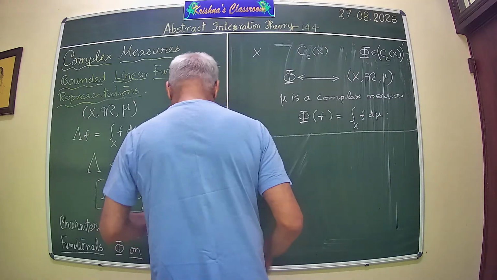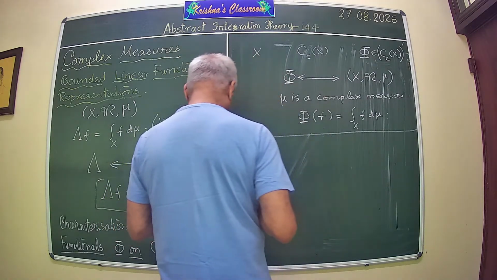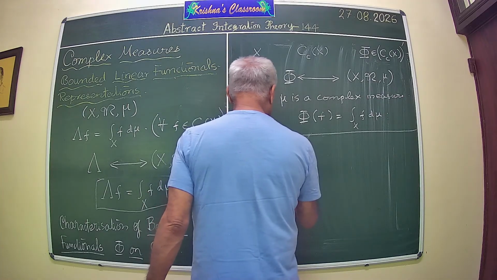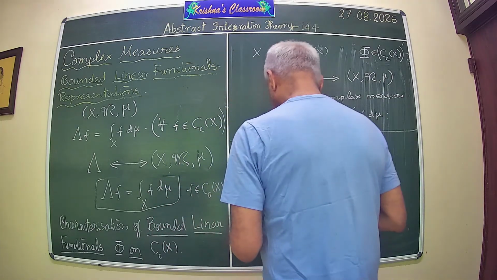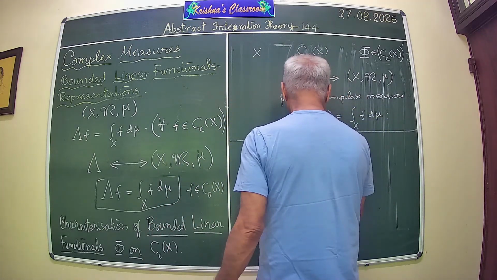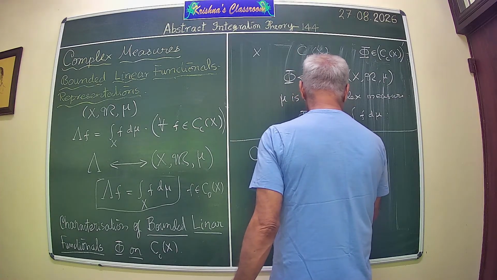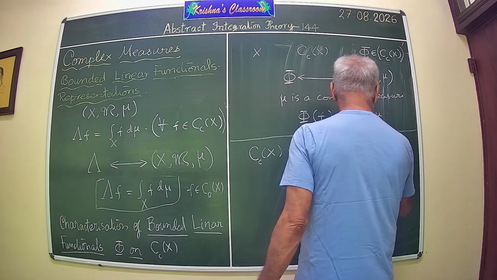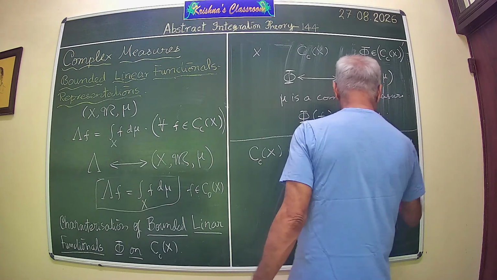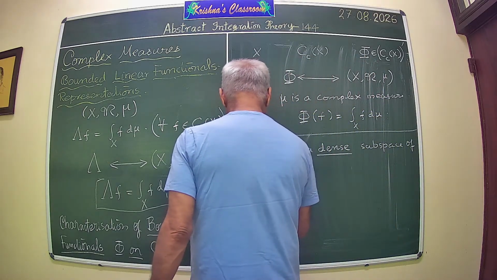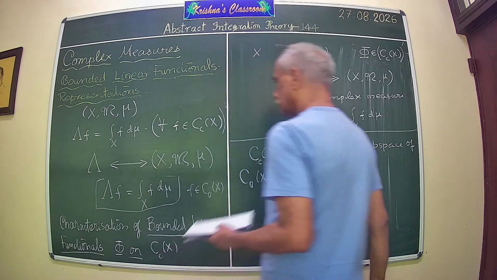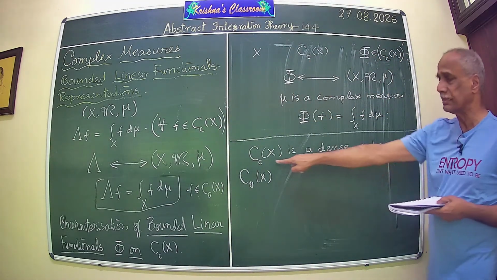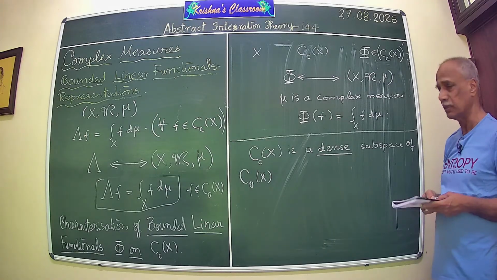So let us write this. CCX is a dense subspace of C naught X. Okay, it is dense in the sense that the closure of CCX is equal to C naught.